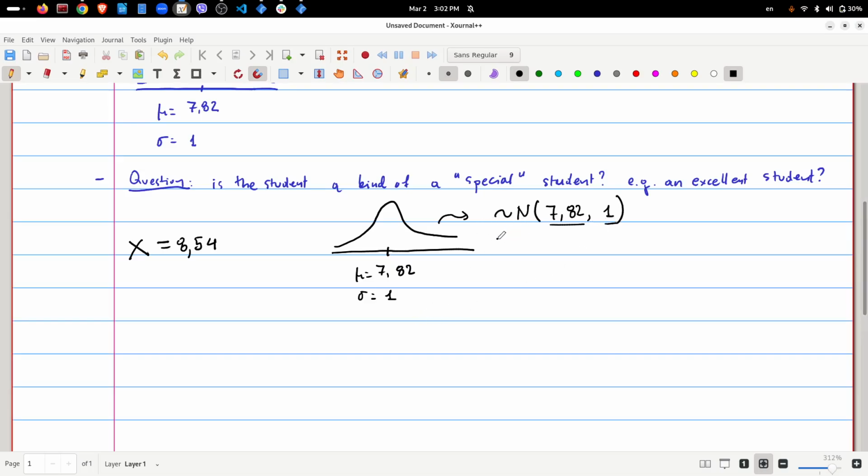And this distribution now, this is crucial, represents the average marks of all students. So in this case, this distribution represents, let's put it in quote marks, nothing special.